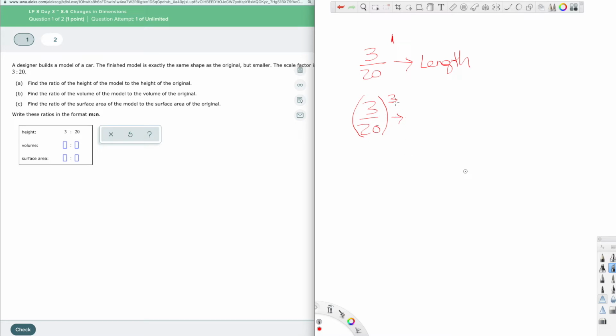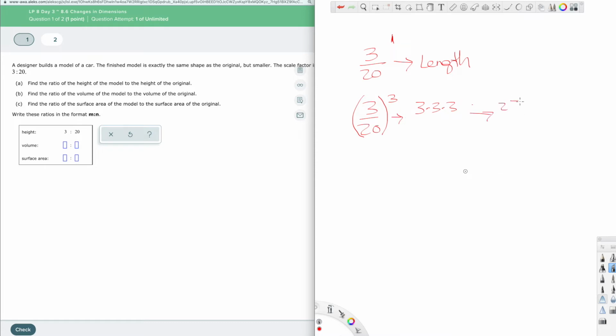So I'd have to go 3 cubed. Remember, that's not 3 times 3. It means 3 times 3 times 3. It sounds very similar when I say 3 times 3 or 3 cubed, but it's different. I don't want 3 times 3, that's only 9. I want 27.